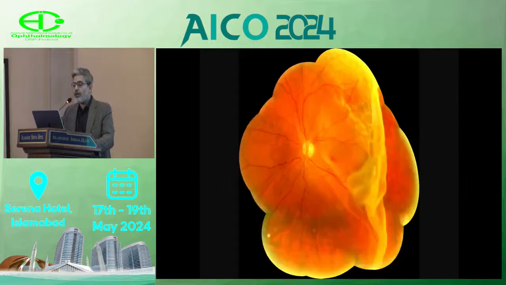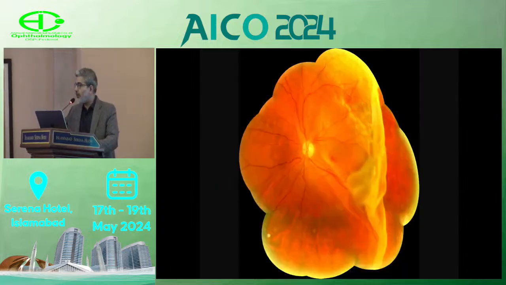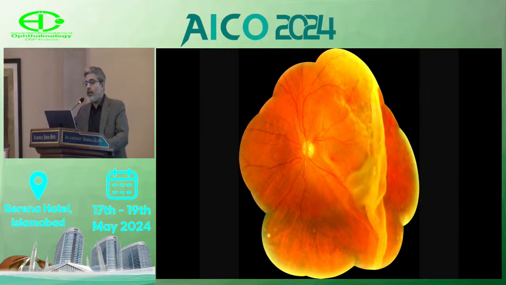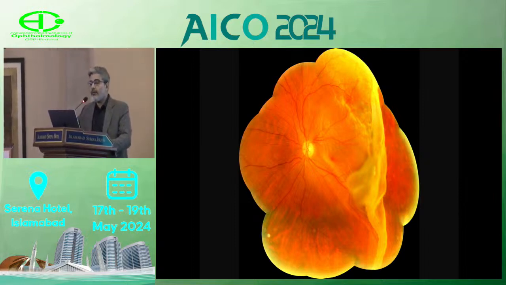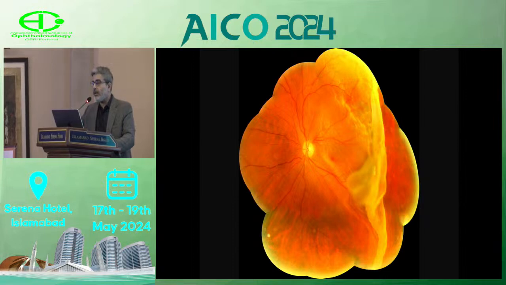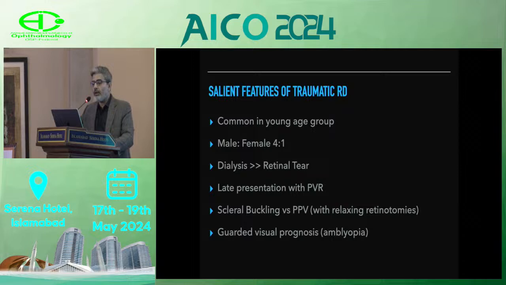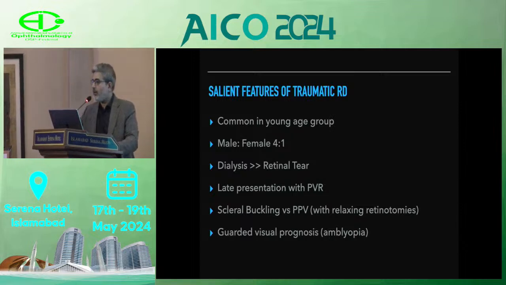Then you have traumatic retinal detachments, such as giant retinal tears, particularly in children. Sometimes they can be very difficult to treat, particularly if they are inferior giant retinal tears, because it is very difficult to get children to posture. But luckily with the trauma, mostly you get the traumatic retinal detachment, you get dialysis, and we had a long discussion yesterday about how to treat them.